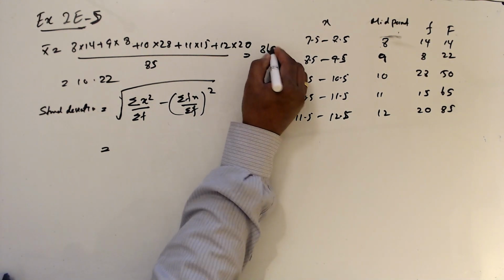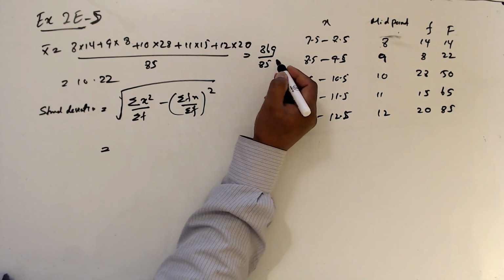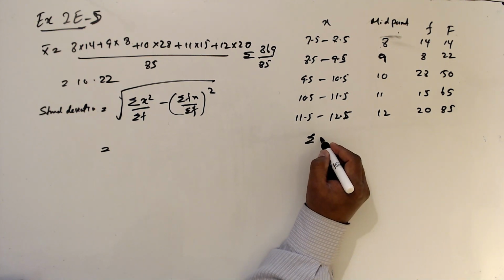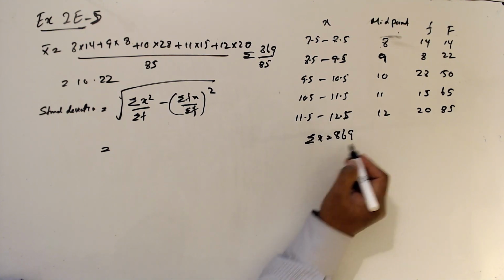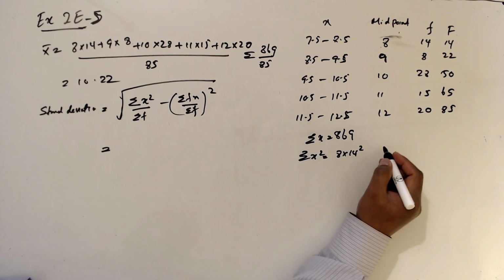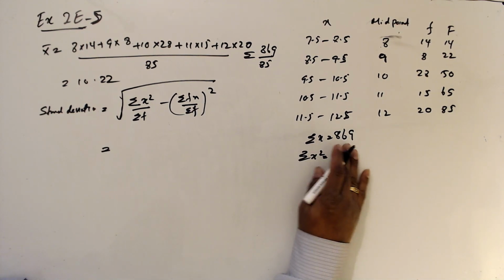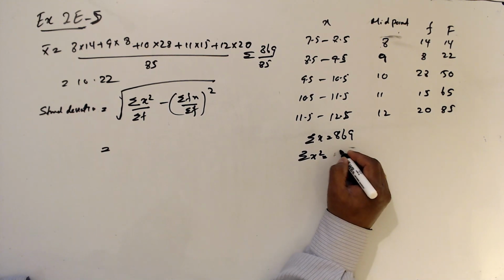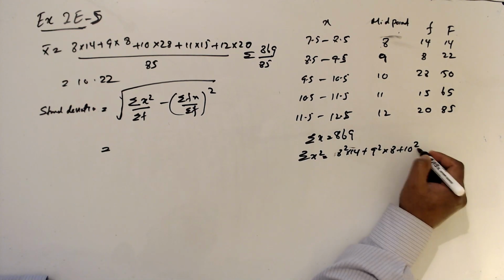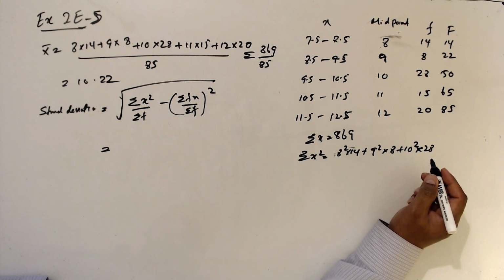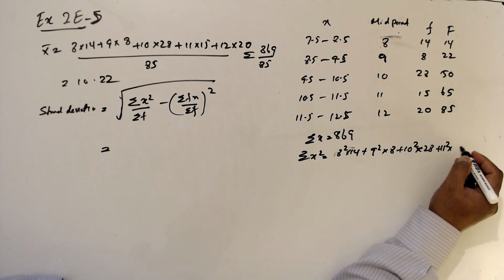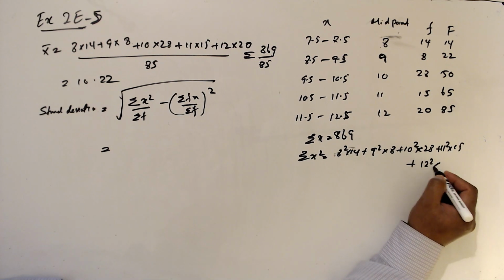So this is 869 over 85, and summation fx is 869, and summation fx square is 8 square times 14, 9 square times 8, and 10 square times 28, 11 square times 15 plus 12 square times 20.